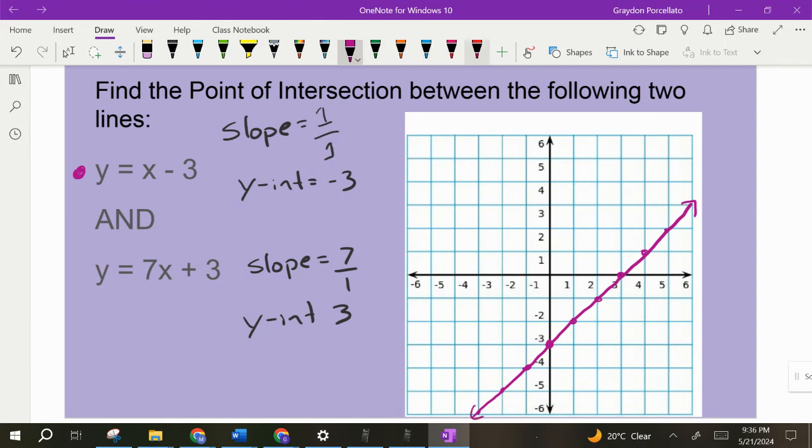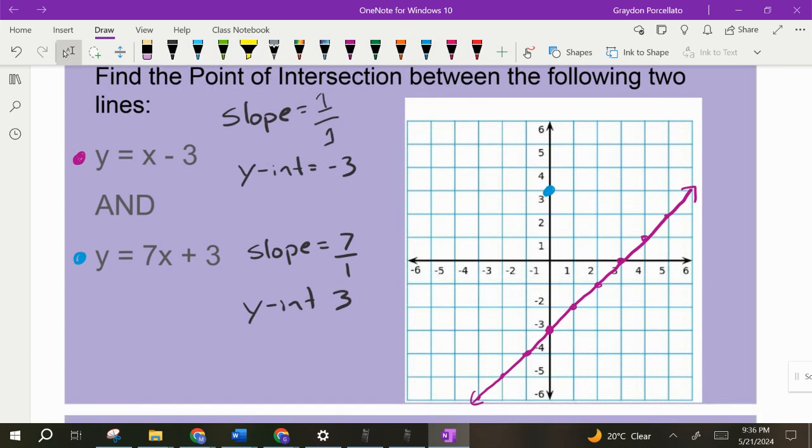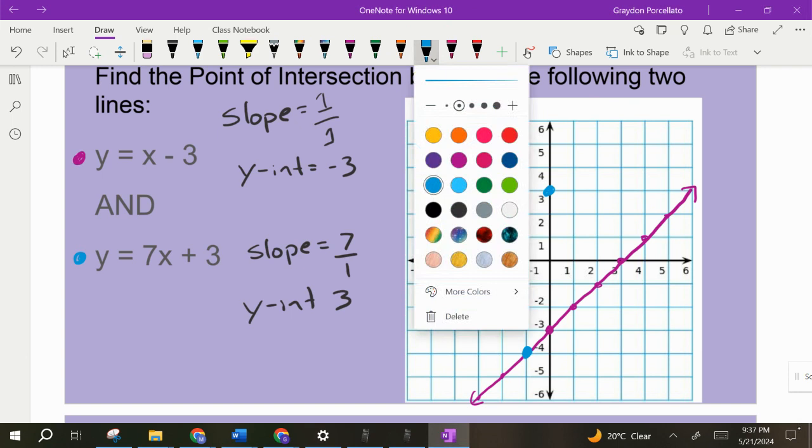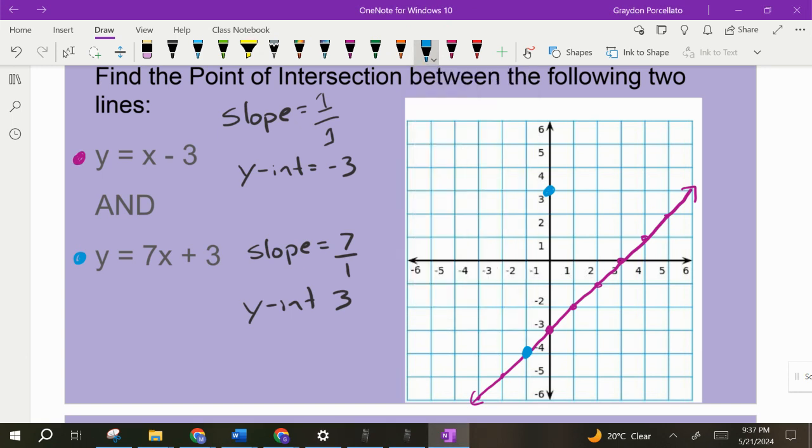My second one we'll do in blue. And it's a y-intercept of 3 and a slope of 7 over 1. Oh boy. Okay. So that means up 7 over 1. But notice we can't do that. So instead we're going to go down 7 over 1. And notice that brings us right to that point there. So if I were to connect these lines, let's try that one more time.